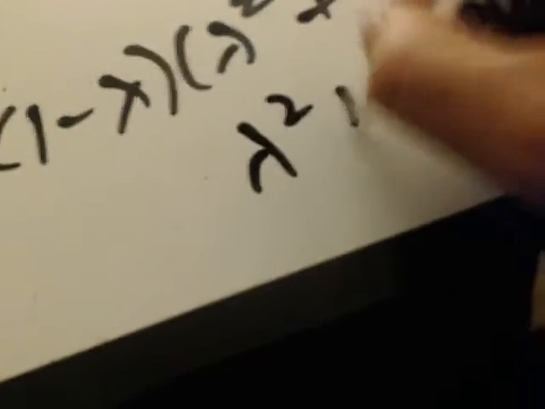So if I play with this, I get lambda squared plus 4 minus lambda cubed minus 4 lambda. Not x. Lambda. So if I play around with that equation, where's my lambda cube? This is my lambda cube.